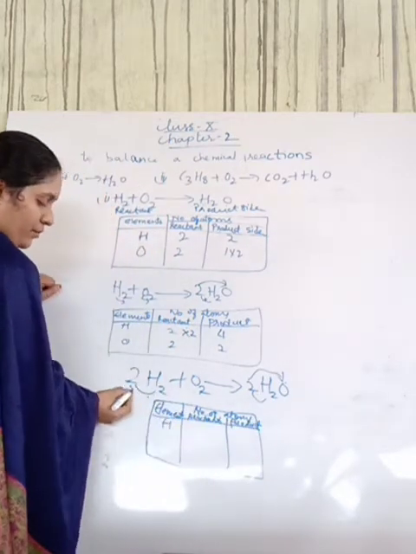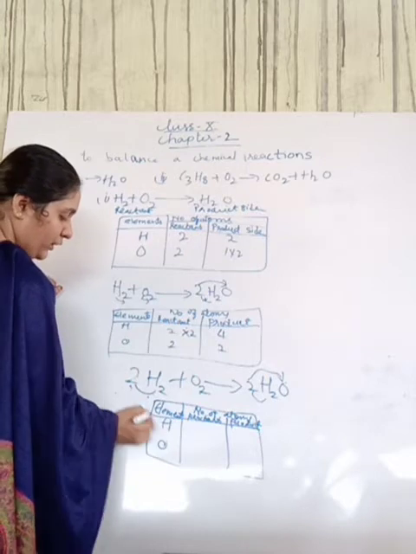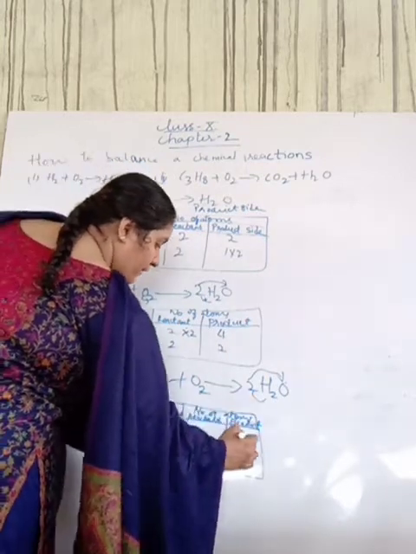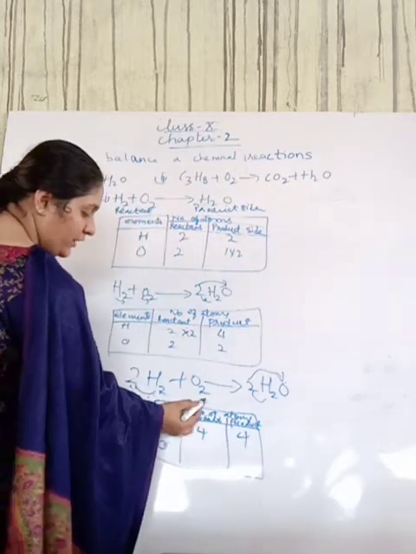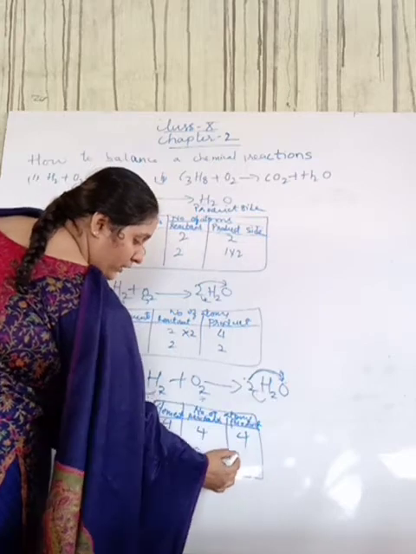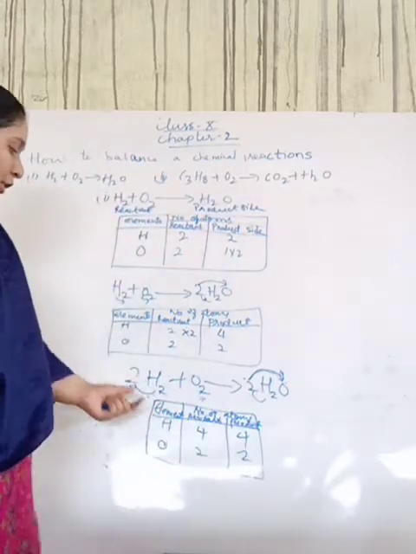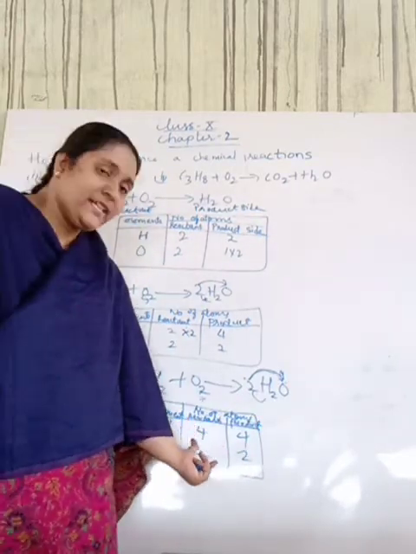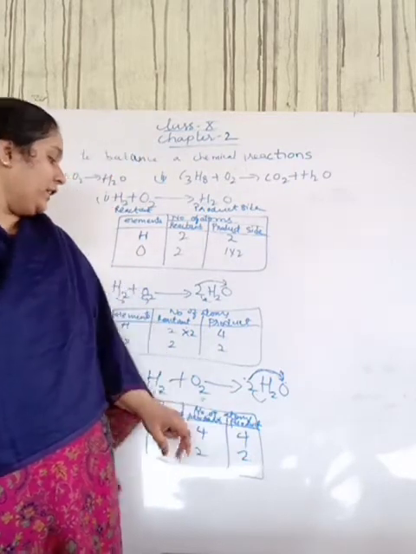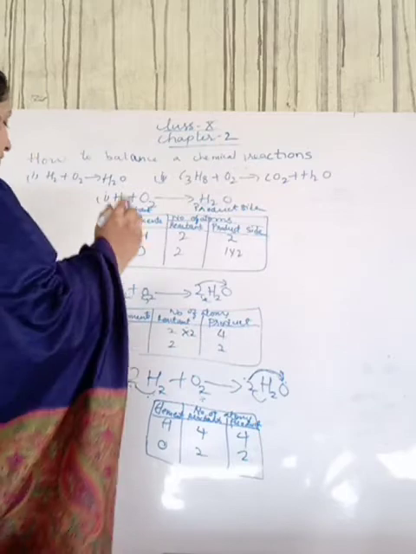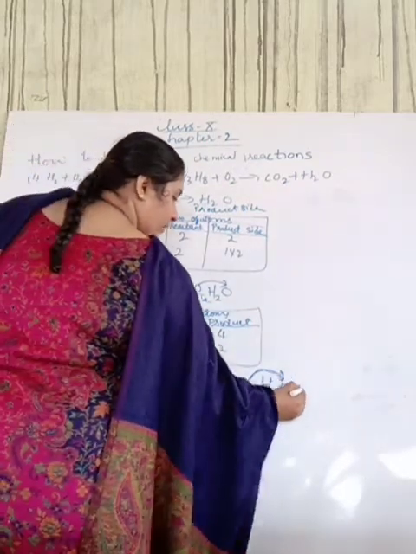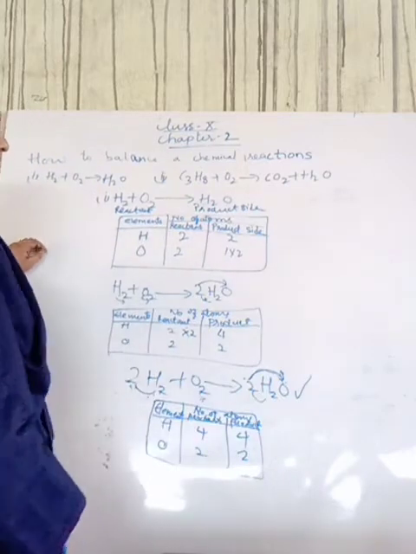Now count students for hydrogen and oxygen. 2 into 2, 4 and here 2 into 2, 4. Here oxygen is 2 and here oxygen is also 2. So now number of atoms in reactant side is equal to number of atoms in product side. So therefore this is our required balanced equation.